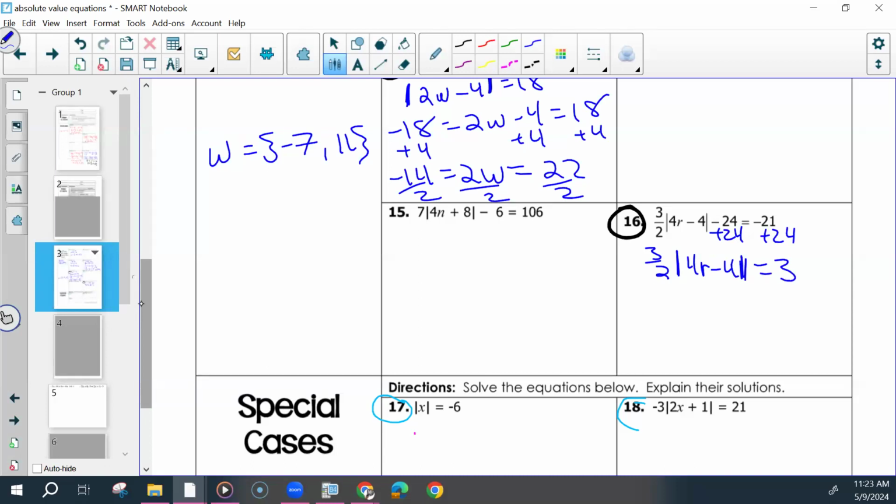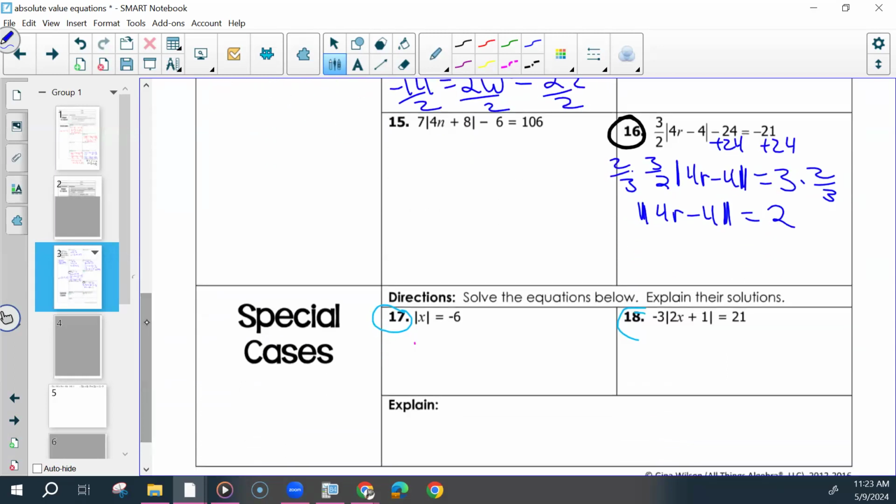And then you can divide both sides by the 3 halves, or take the 3 halves and flip it and multiply on both sides. Either way works. What would that equal? And now that it's isolated, we can go ahead and set it equal to a negative and a positive. Drop the absolute value. And then solve.